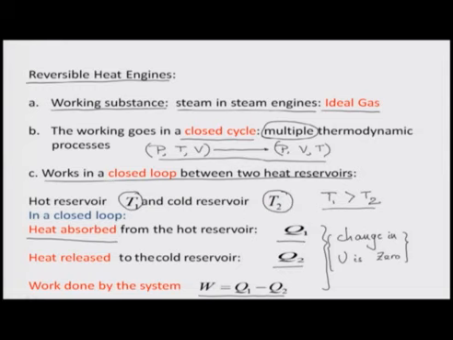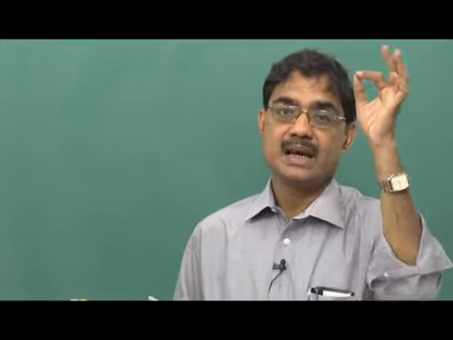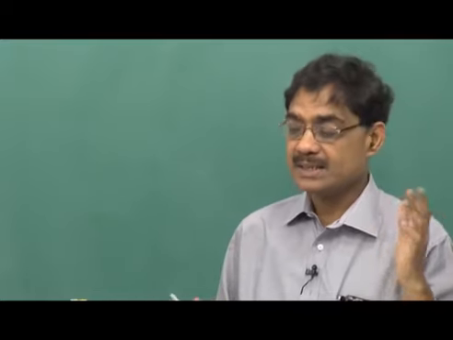It absorbs heat from the hot reservoir, the amount is Q1, and releases some heat, Q2, to the cold reservoir with lower temperature. So, work done by the system is W equals Q1 minus Q2. This is conservation of energy. But the change in internal energy is 0 because the initial temperature and final temperature happen to be the same.